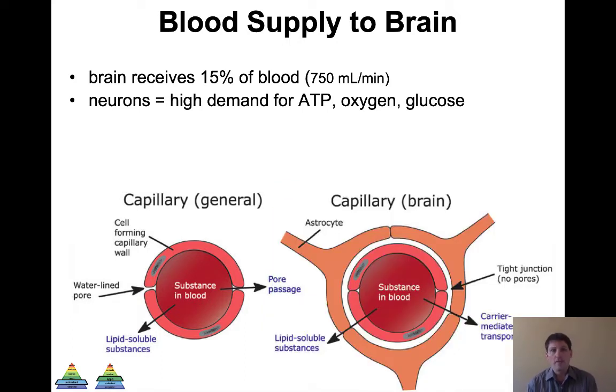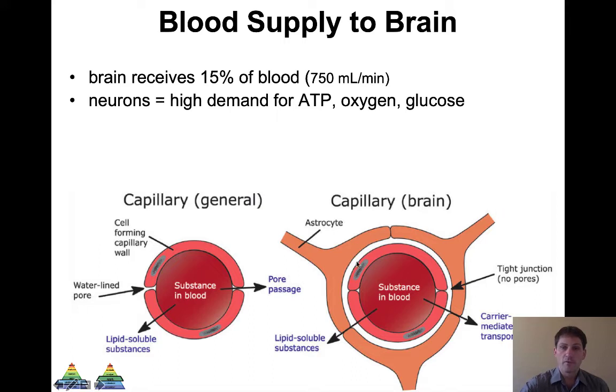And so in supplying the brain with oxygen and glucose, that means we can also deliver things that are toxic to the brain. And so these astrocytes here are surrounding those capillaries in our brain, producing the blood-brain barrier.